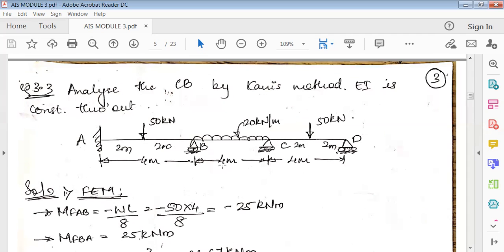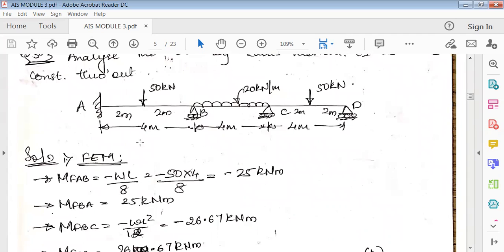D is a simple support. So first find out the fixed end moments. To find the fixed end moments, calculate all. See here, AB and CD have a point load, that is a concentrated point load, and in BC there is a UDL. So first, MFAB is minus WL by 8, so it is minus 25, and MFBA is plus WL by 8.